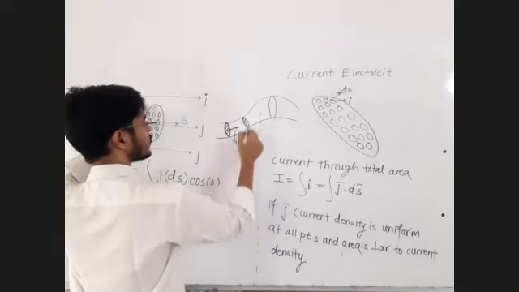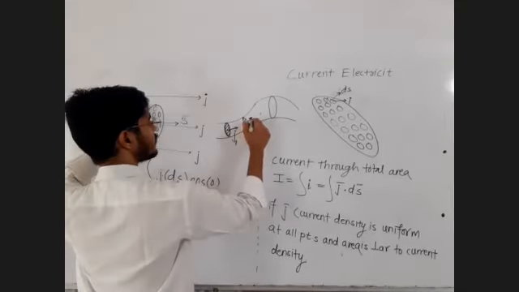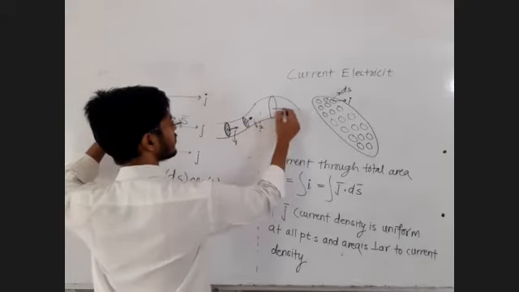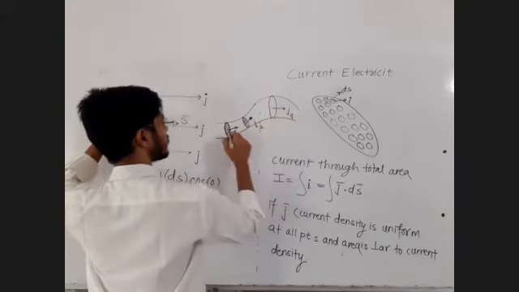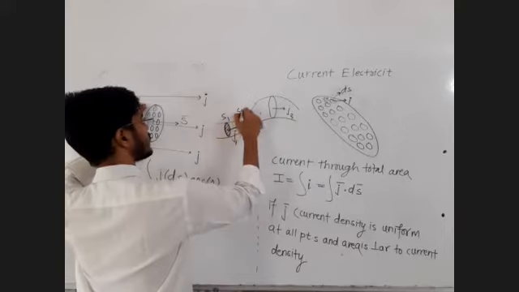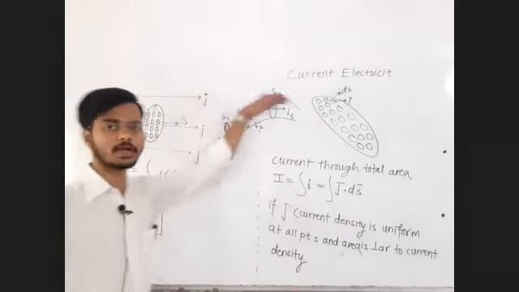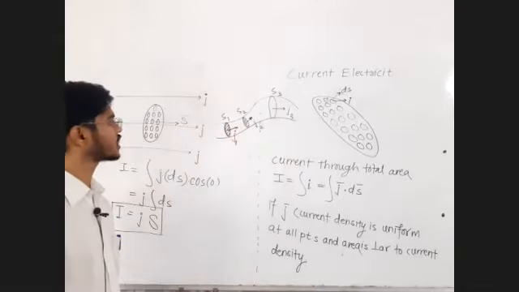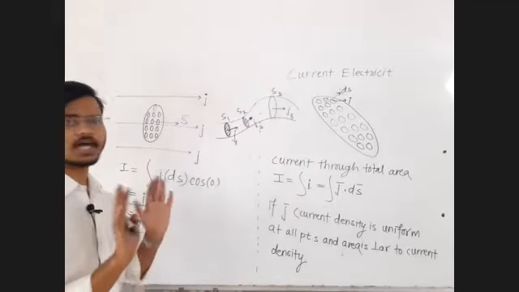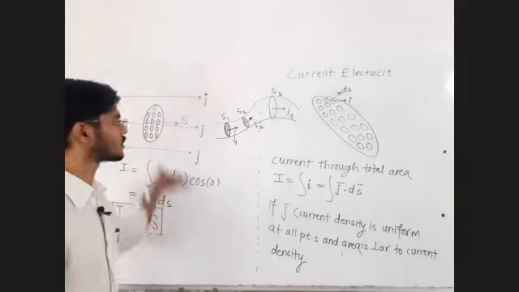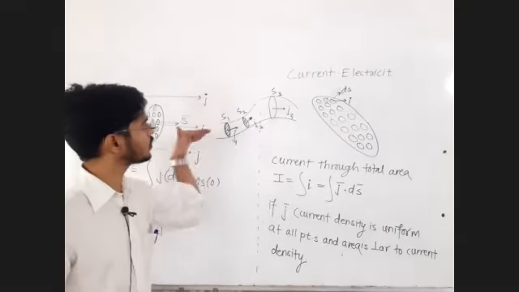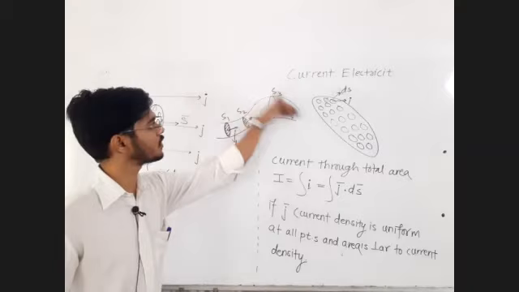Here it will be J1, here it will be J2, here it will be J3. Here area is S1, here area is S2, here area is S3. Just like volume flow rate is conserved, just like that charge flow rate is conserved, because charge is never stored at any cross section. It is simply crossing the given cross section and it's moving ahead.